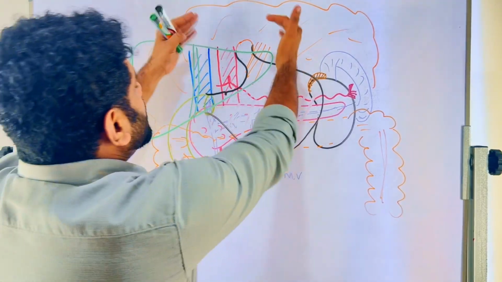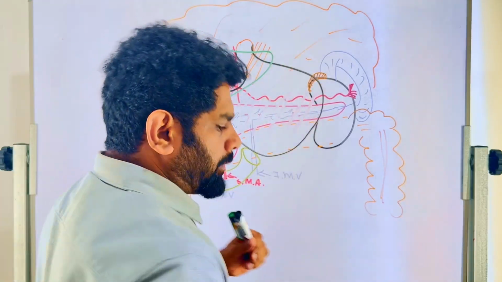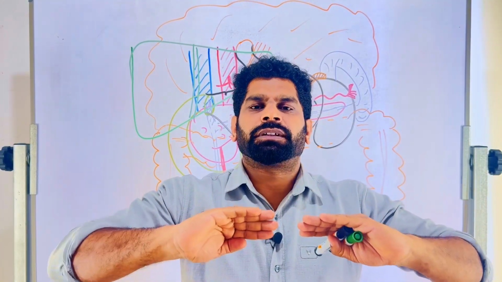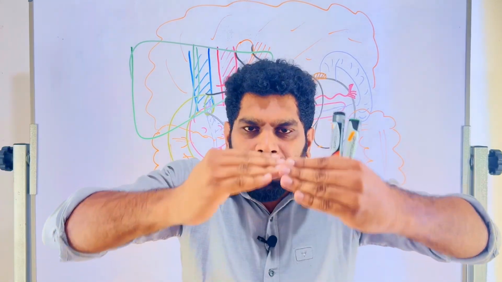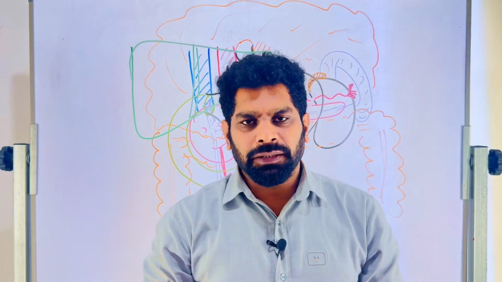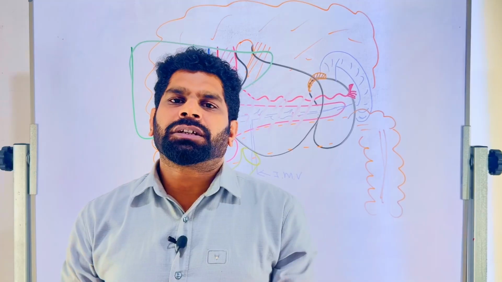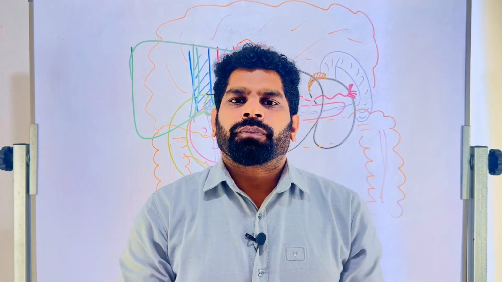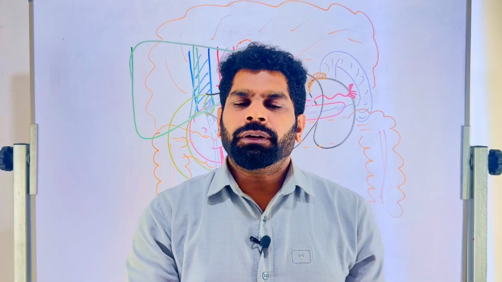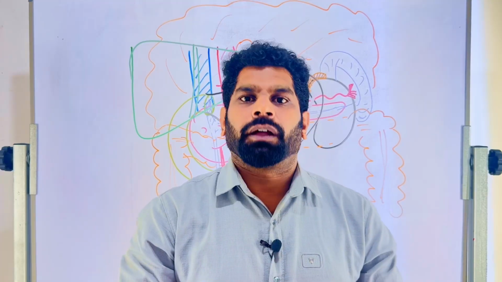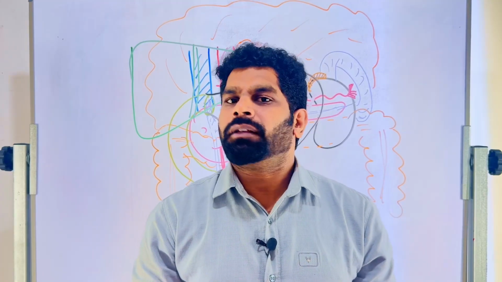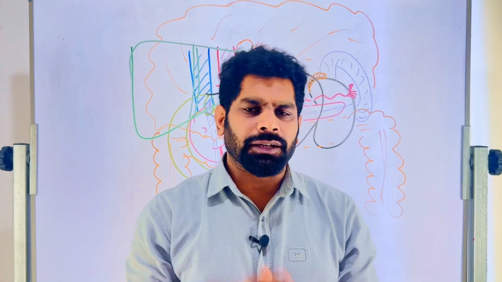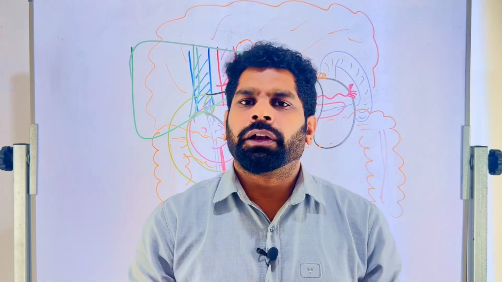And the dome of the diaphragm will come like this, so the fibers of the diaphragm will come anterior to the abdomen as well. So the structures anterior to the stomach are the left lobe of the liver, the diaphragm, the costal margin and the anterior abdominal wall. So understanding these structures will definitely help during surgeries.